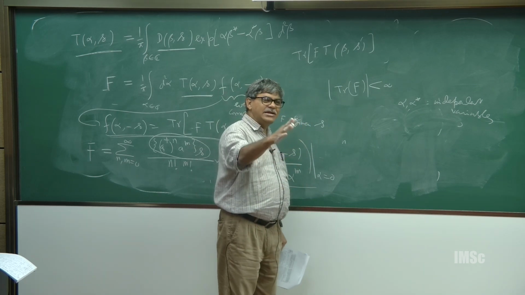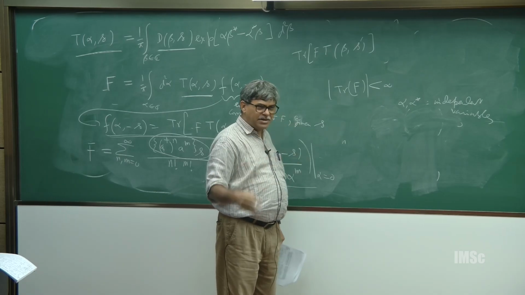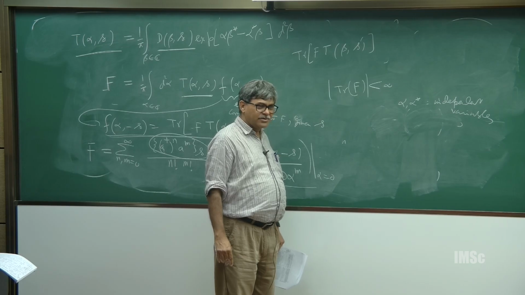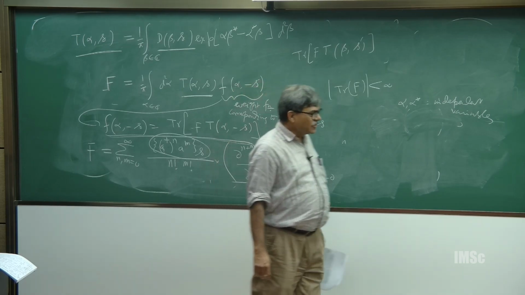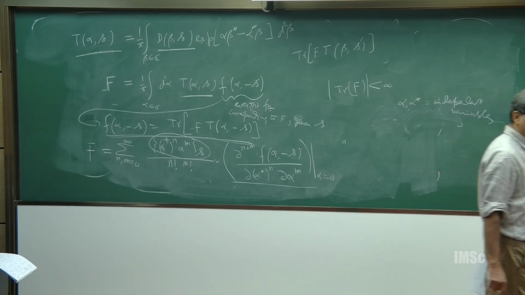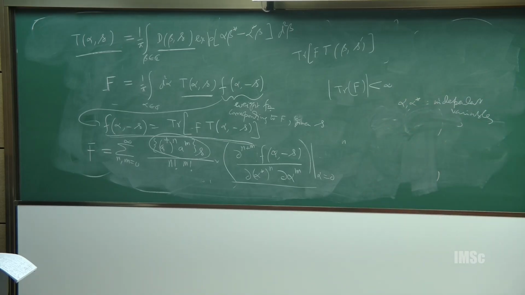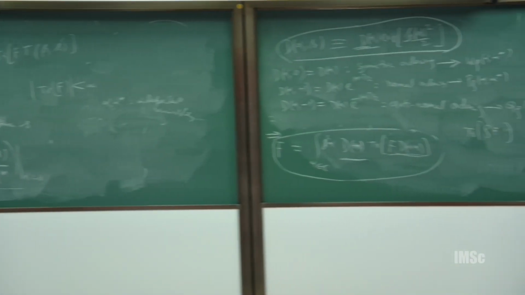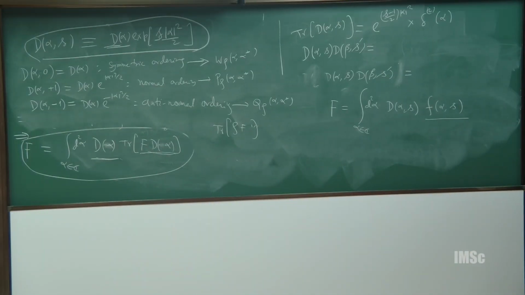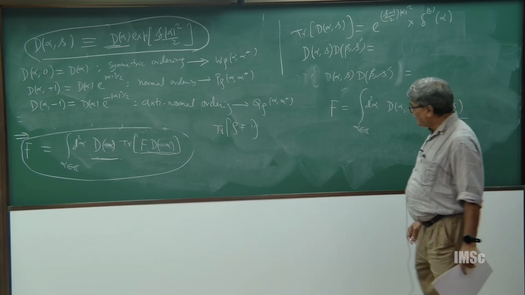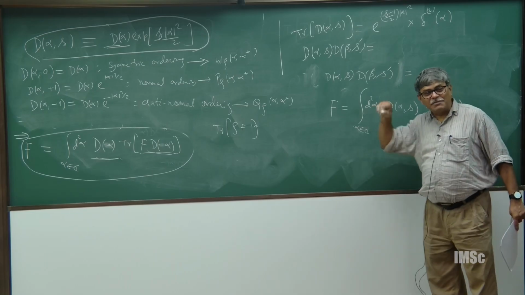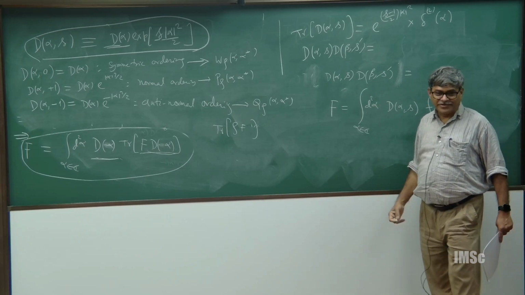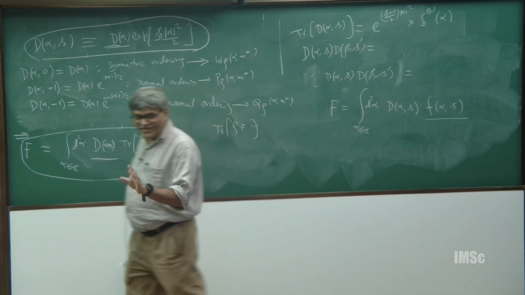You do the two-dimensional integral in x and y, and there is no alpha star in the integrand. It is like you write d square x as dx dy. Similarly, d square alpha is d of real part of alpha times d of imaginary part of alpha.